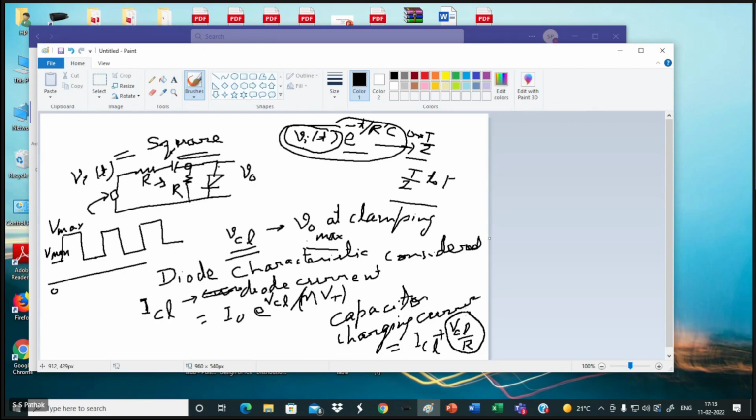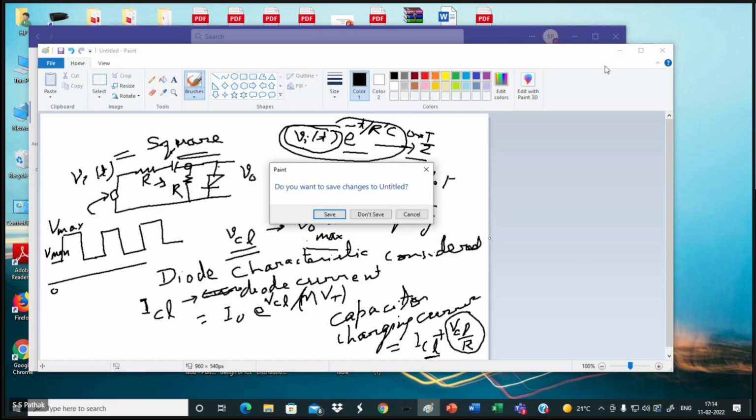If you are asked to do so, you have to consider that VCL by R also in the charging current. I'm taking only ICL for the time being for the sake of explanation. VCL divided by R is another current. Both currents are passing through the capacitor. RS current and C current is the same. Now the diode characteristic has been taken into consideration. What is going to happen now? Let me see in the next page.